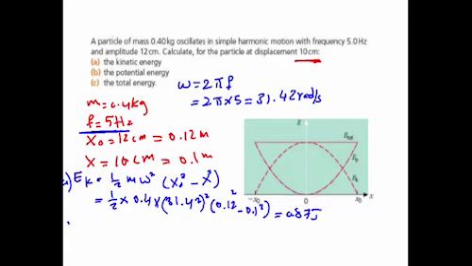Part B is asking for potential energy. Now don't forget that our amplitude is 12 centimeters. Now our displacement is 10 centimeters.